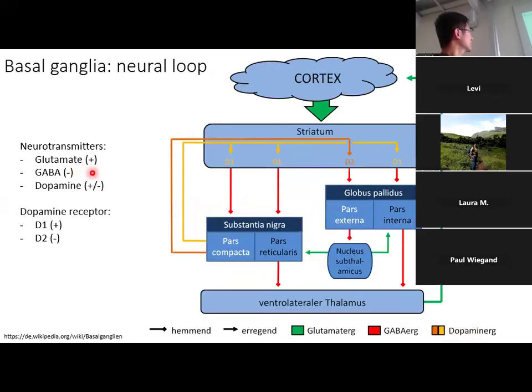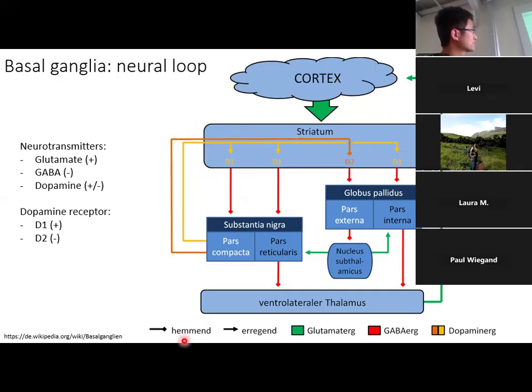So here again is the same loop as before, but it just shows you the different neurotransmitters. They have different types like glutamate and GABA and dopamine. So dopamine can be both excitatory and inhibitory, depending on the type of dopamine receptor, for example, here you have D1 and D2, and depending on which type of receptor, it can produce a different effect on the subsequent loop.